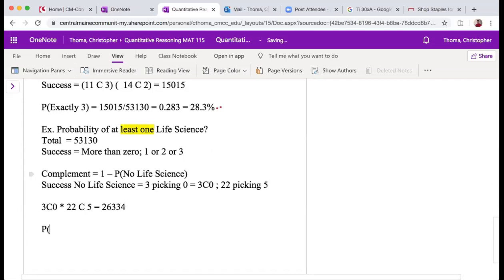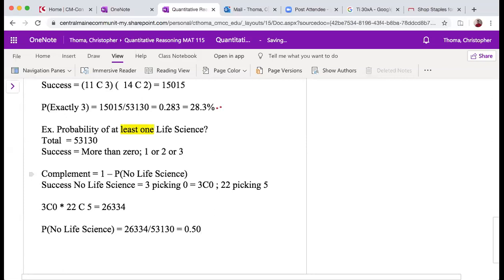So the probability of no life science equals 26,334 divided by 53,130. So is that, yeah, 0.50. Basically 50% when you round everything, right?